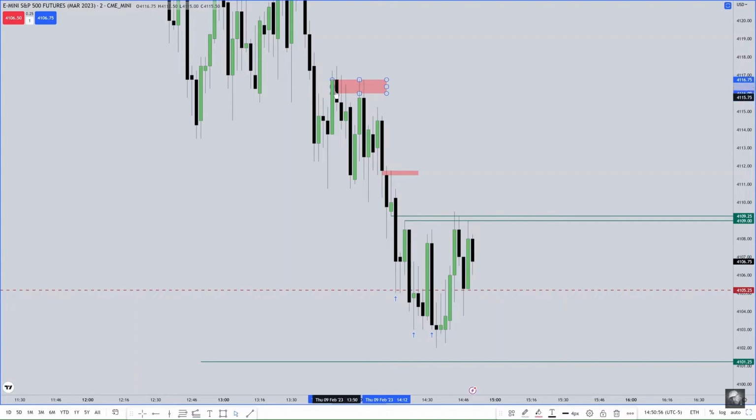When the bodies of these candles came back up into this fair value gap, identified with this little area right there in price, look where the bodies go. See where it stops? The closing price on this candle is 4116.75. What's the low of this candle? 4116.75. That's perfect.